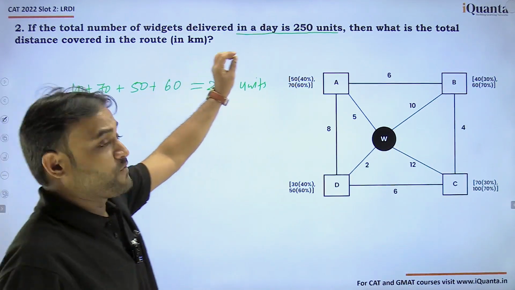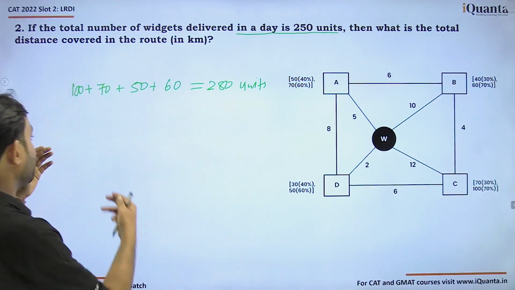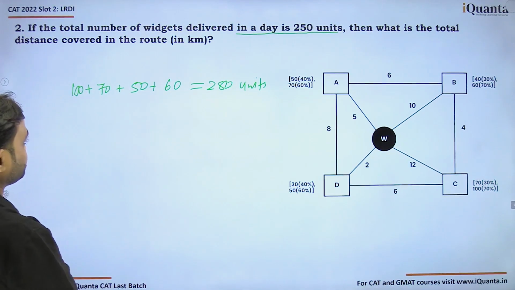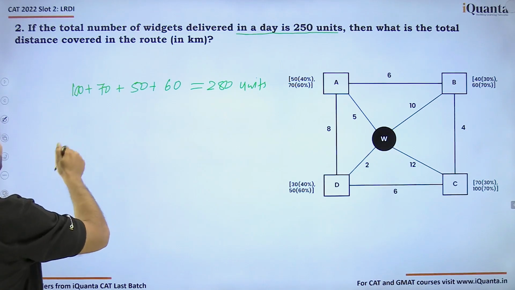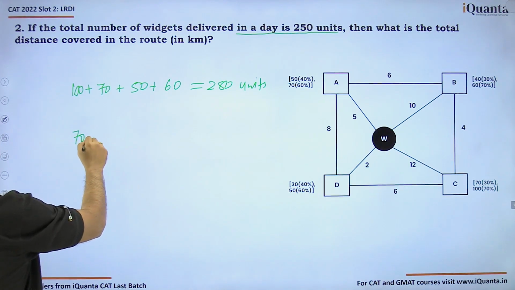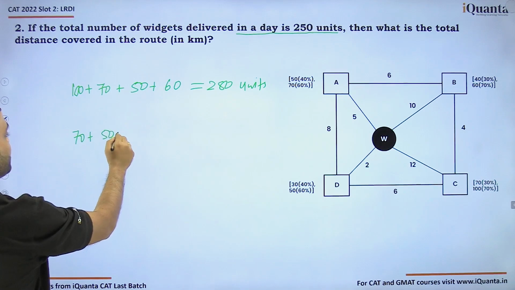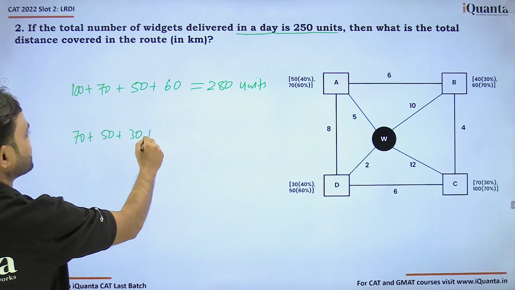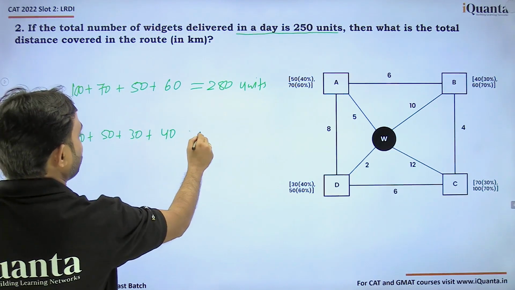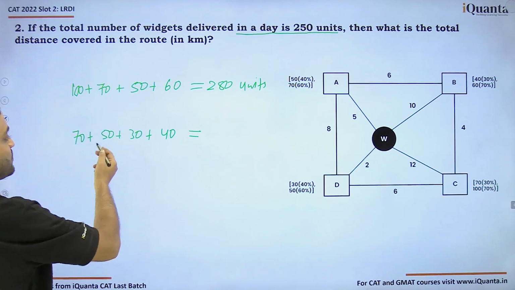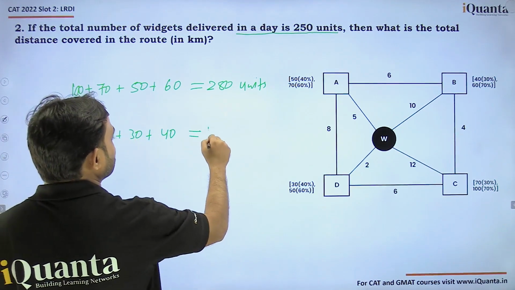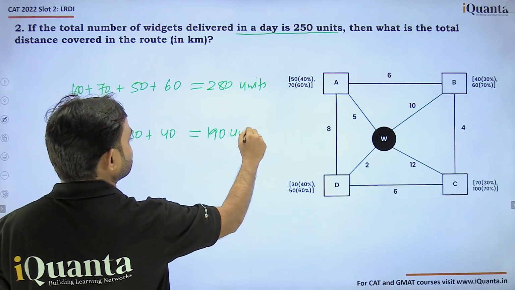We want 250 units. Now, if you check the minimum values, so instead of 100, we can take 70. Instead of 70, we can take 50. Instead of 50, we can take 30. Instead of 60, we can take 40. So this will be equal to 120 plus 70, 190 units.